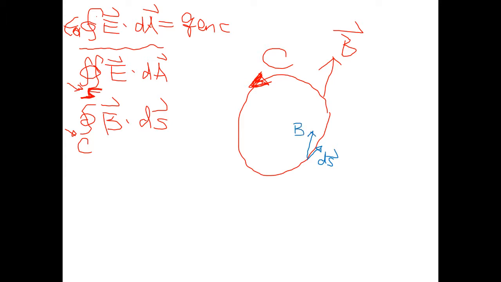You calculate the inner product between B and ds, and of course we separate this contour into many infinitesimal segments, and then we add all of them together. Then this is the line integral.